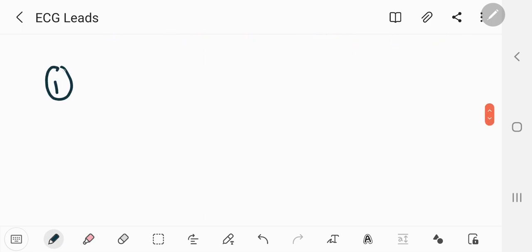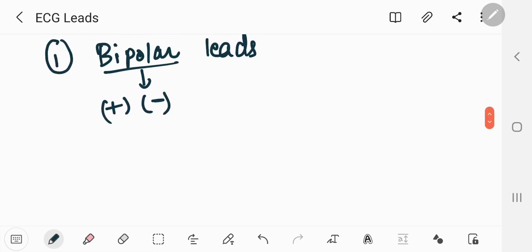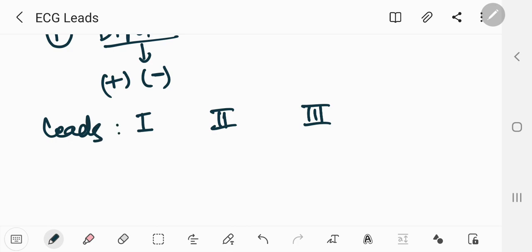Beginning with the first one, that is the bipolar leads. Now, these are 3 leads. Bipolar means these leads will have both positive and negative potentials. These leads involve lead 1, lead 2, and lead 3.